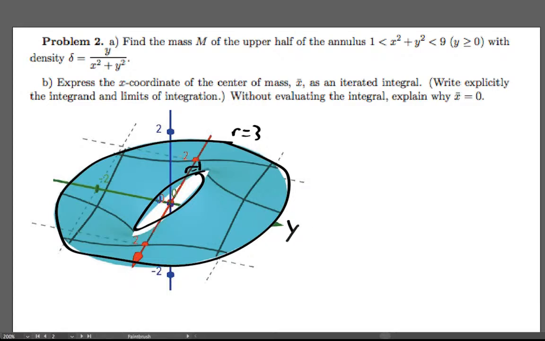The way to solve for the mass is pretty straightforward. Well, it is not really that straightforward, but it's the double integral over the region of the density multiplied by dA, the change of area.